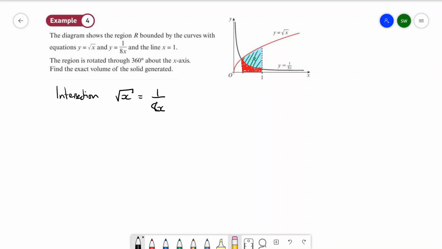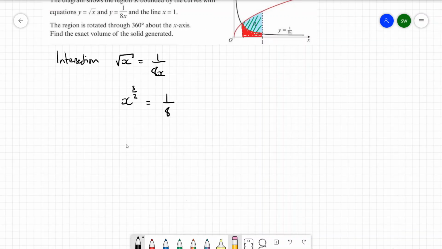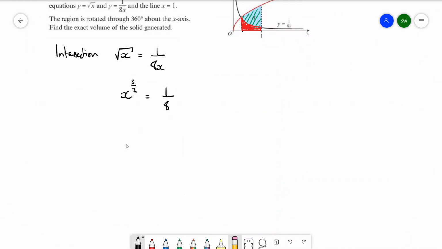We'll times through by x, so we're going to have x to the power of 3 over 2 on the left hand side and an eighth on the right hand side if we times through by x. And then you should probably be able to spot that x is equal to a quarter, but if you can't spot that, then we could think, what power do I need to raise the left hand side to in order to get x to the power of 1 on the left hand side? That's what we're aiming for.